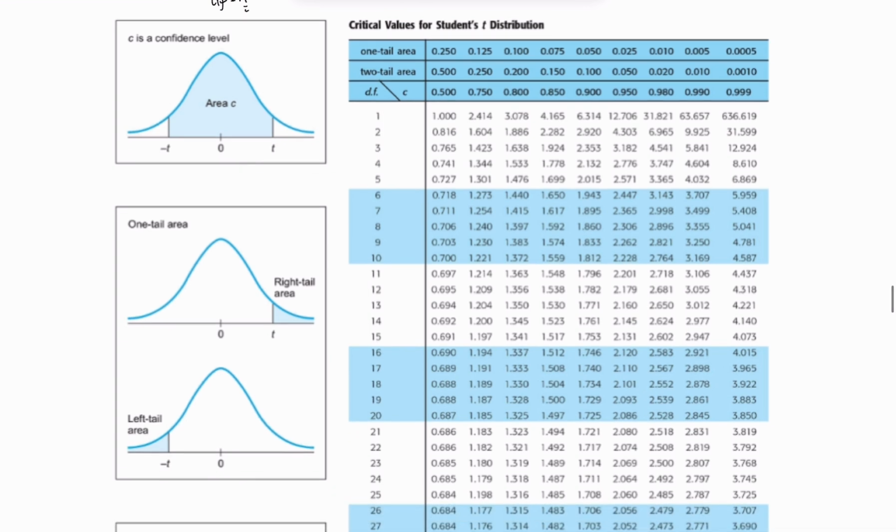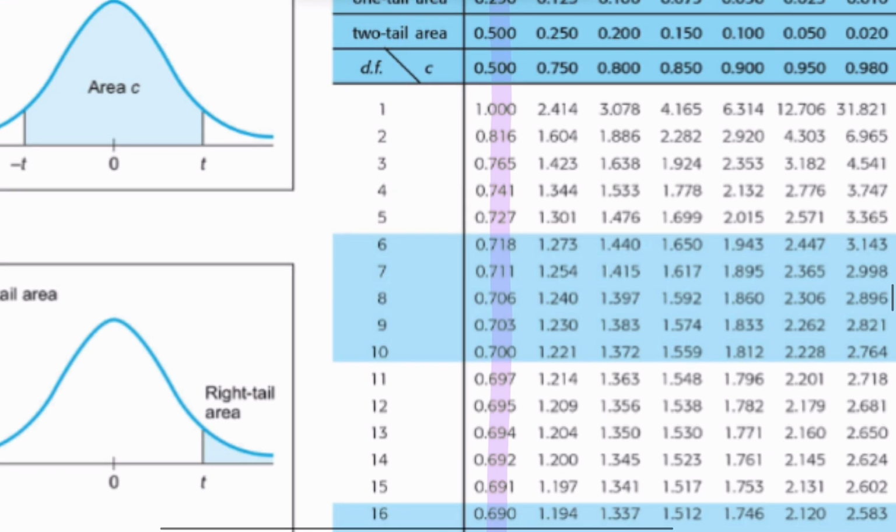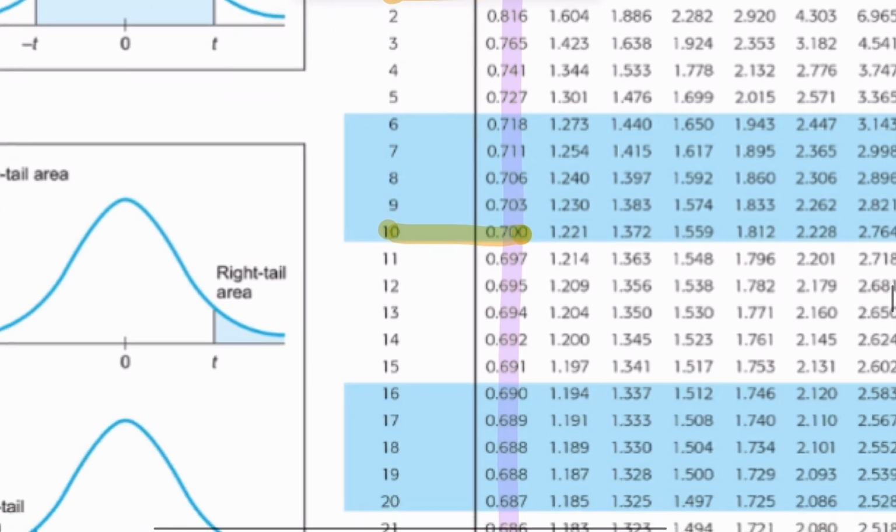So as we're going, let's choose any of these columns, it doesn't matter. Let's choose this first column just for simplicity. As we go from 1 to 10, we see that the critical t value is decreasing. And if we go even more to 19, that value has decreased even more.